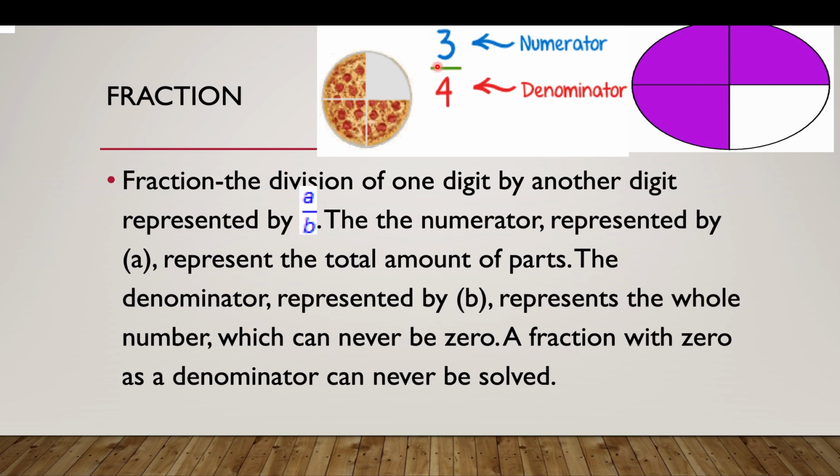For example, I have 1, 2, 3 pieces left, and this tells you how many pieces you should have, which is 1, 2, 3, 4 pieces in a whole. We know that the bottom can never be 0. You can never have 0 pieces of anything, because then you don't have anything at all, and you can never solve a problem like that.